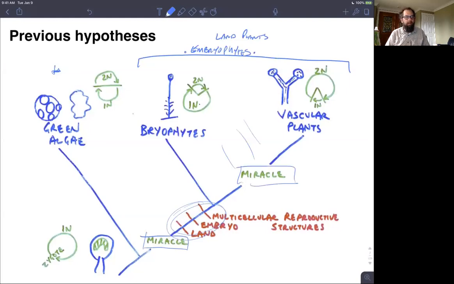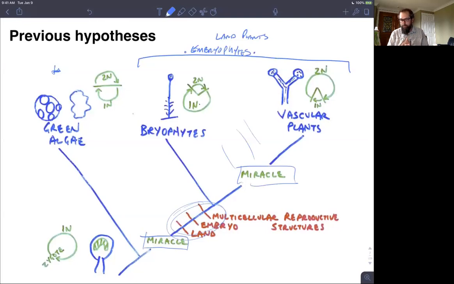And so it's a hard stretch to figure out where these different characteristics evolved. And so I have put in here miracle on these, saying that it's not well understood how all of the different characteristics leading to land evolved when we look at our green algal ancestor.